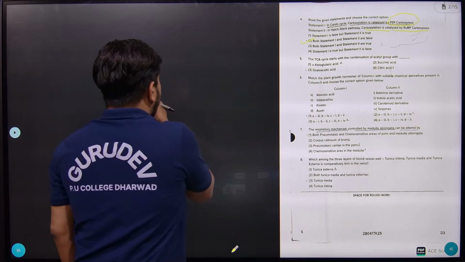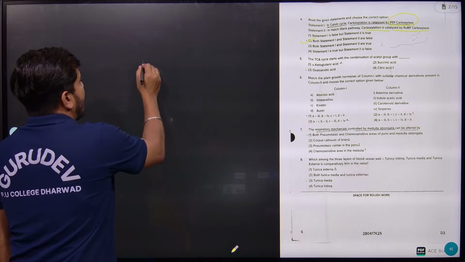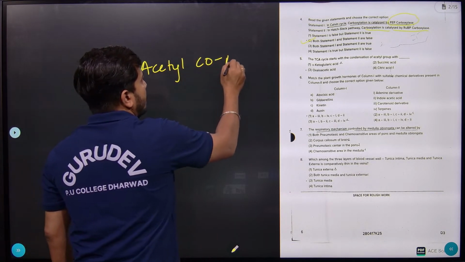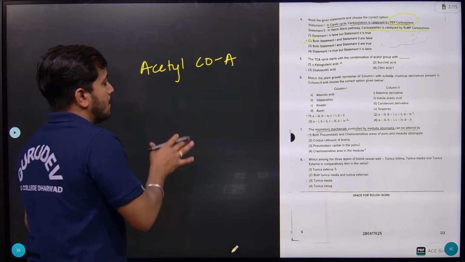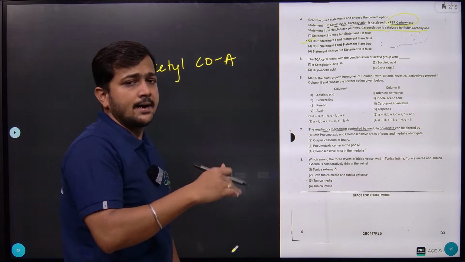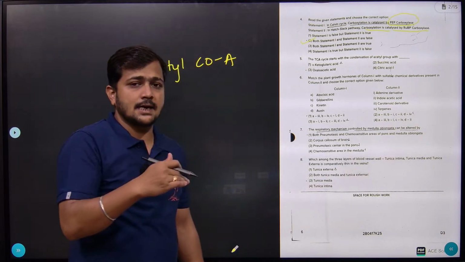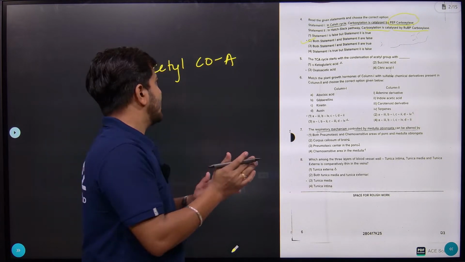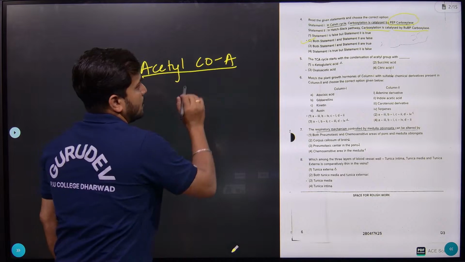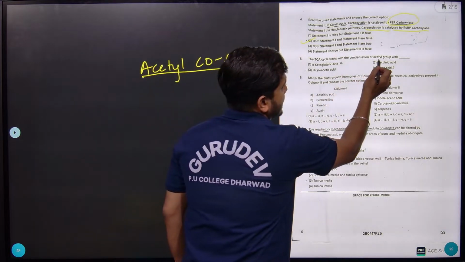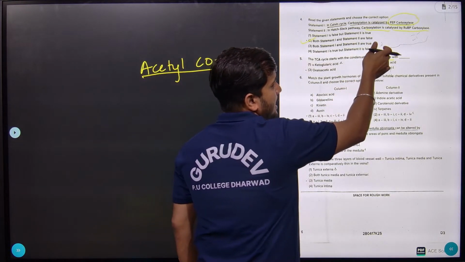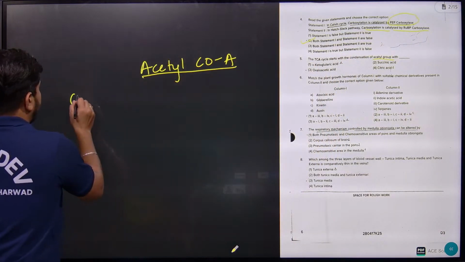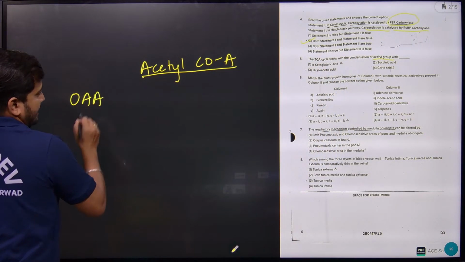What I know is that acetyl CoA is formed in the cytoplasm, because pyruvate cannot directly enter the mitochondria. To enter the mitochondria, it should get converted into acetyl CoA. That acetyl group undergoes condensation with whom? It takes place with oxaloacetic acid.